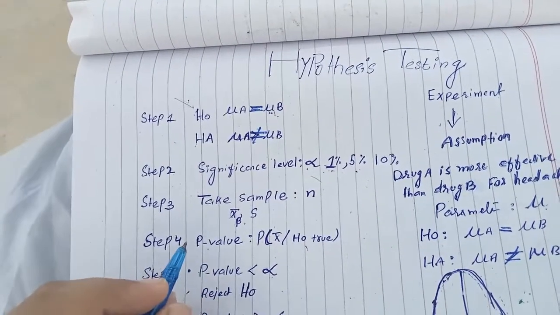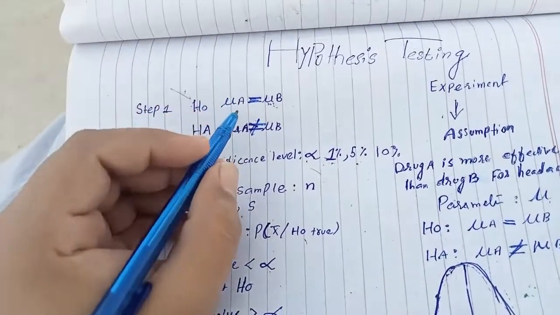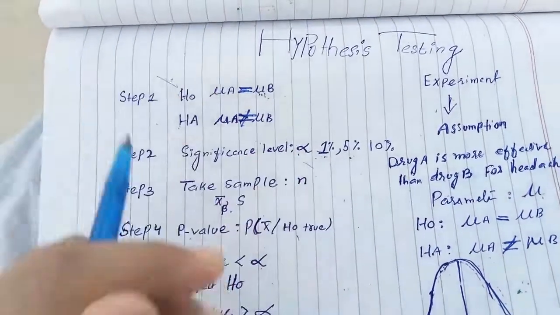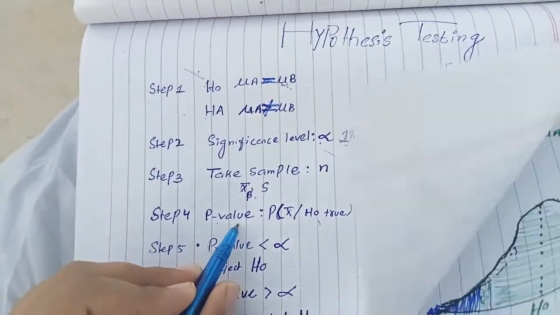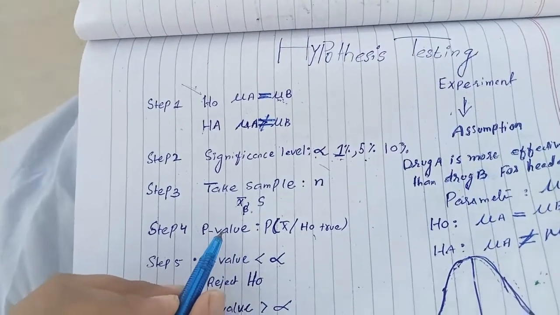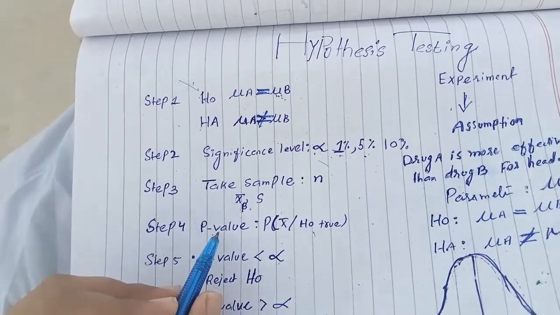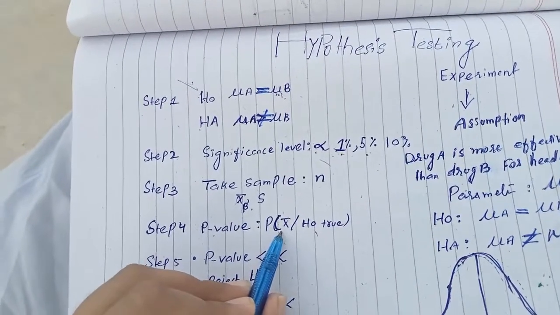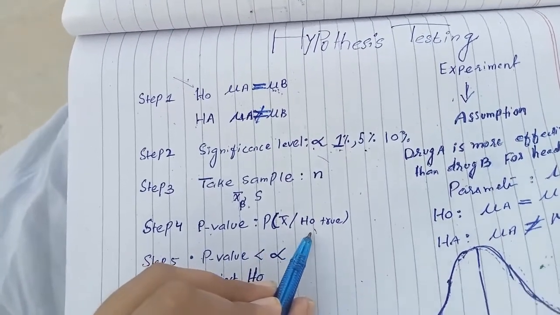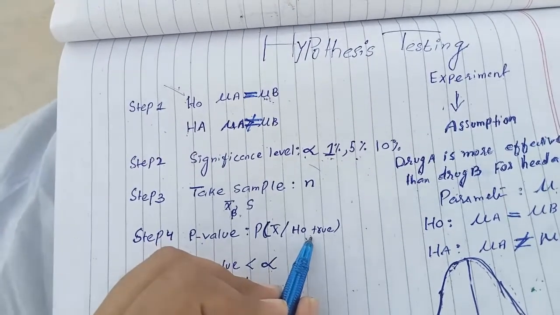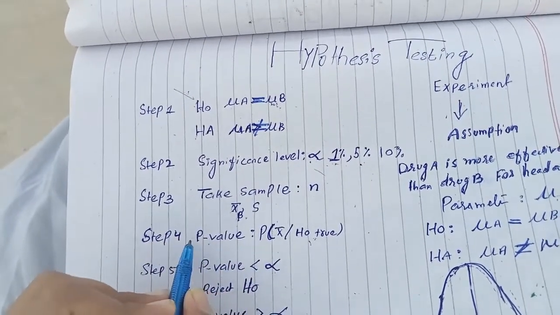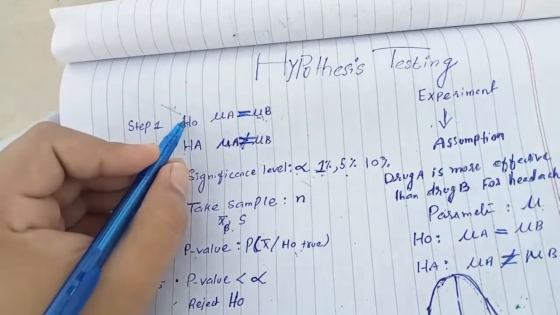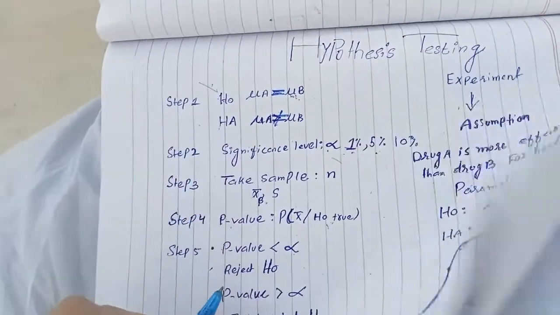And as I said, we will support or reject the null hypothesis based on probability or evidence. This evidence is the p-value. P-value is basically a probability, right? The probability of any score, where we assume that the null hypothesis is true. Based on this probability, we will support or reject the null hypothesis.